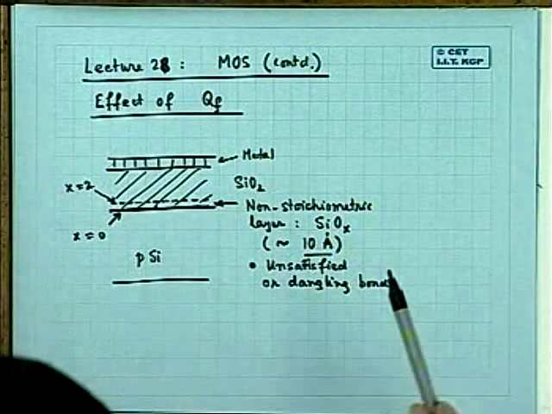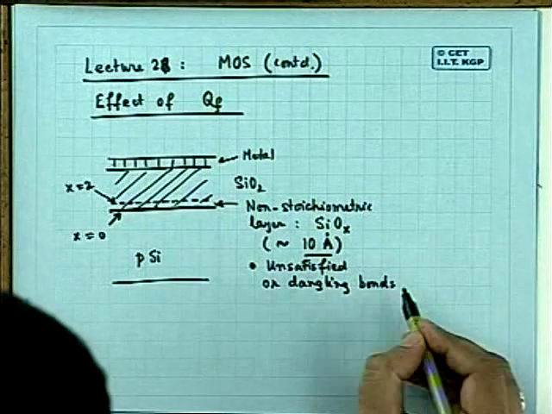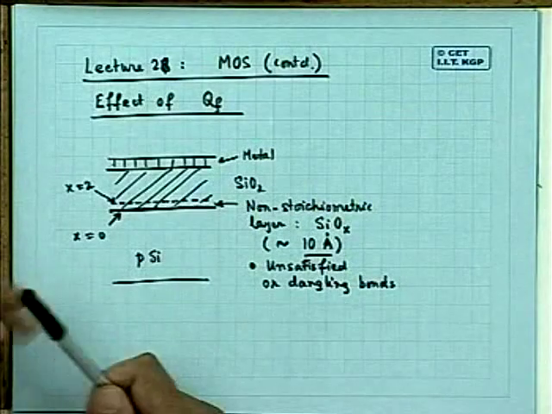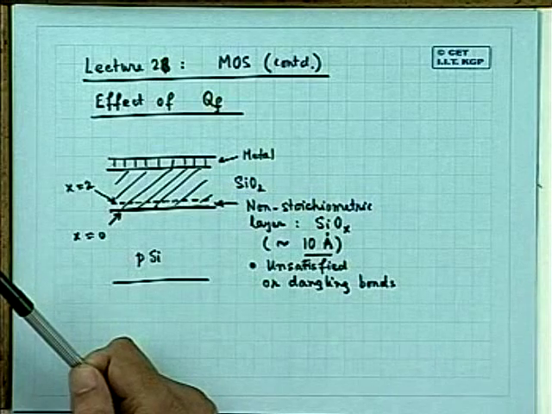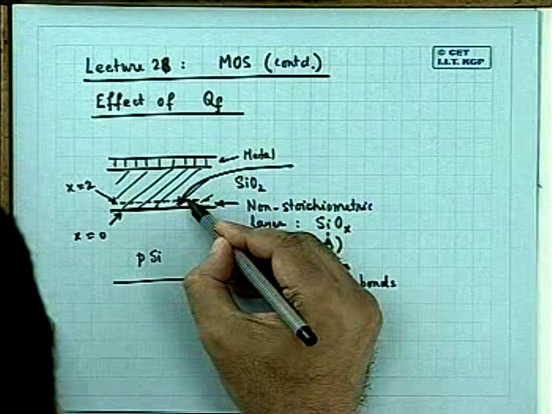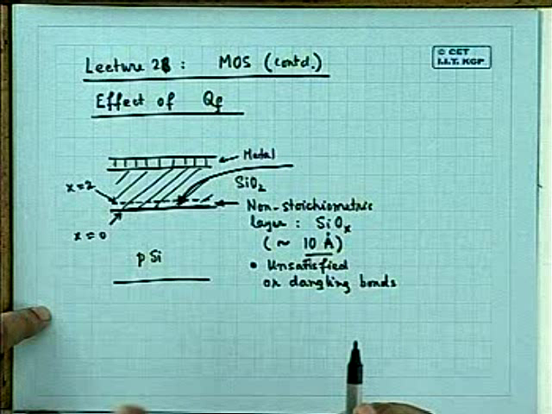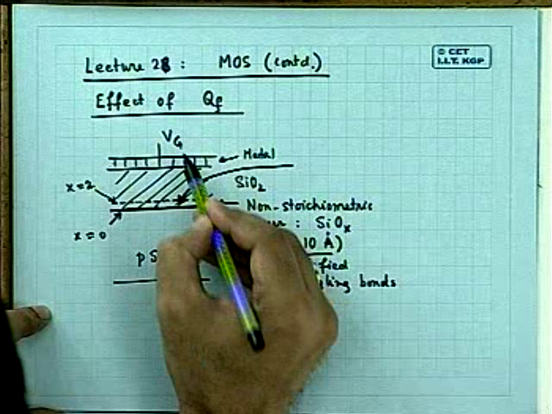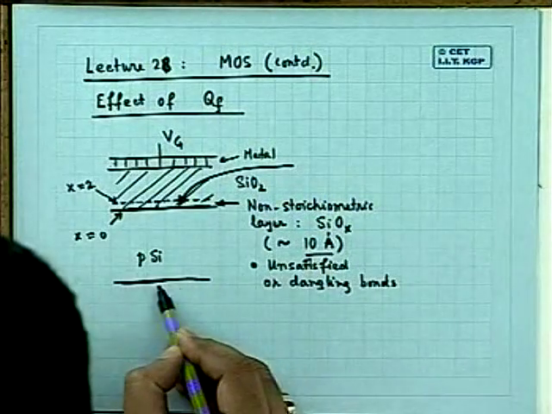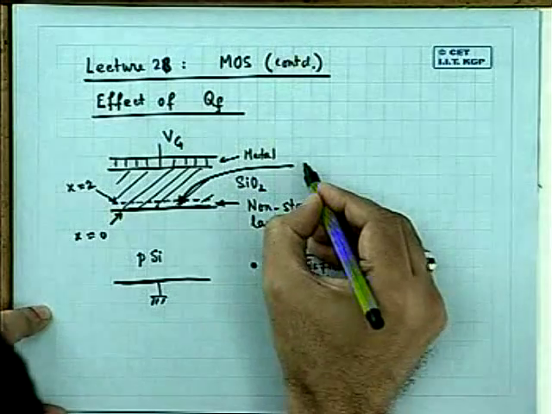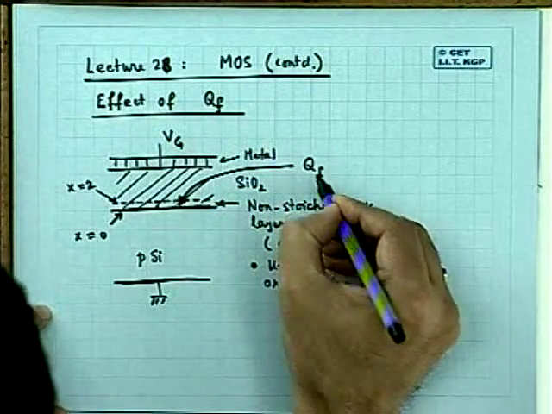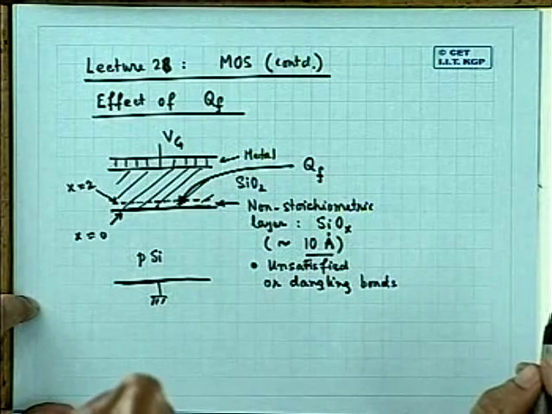These unsatisfied or dangling bonds trap charges. It is found that for a silicon dioxide system, the trapped charge at the non-stoichiometric region is fixed, independent of applied voltage. This is usually called QF, or fixed oxide charge density.